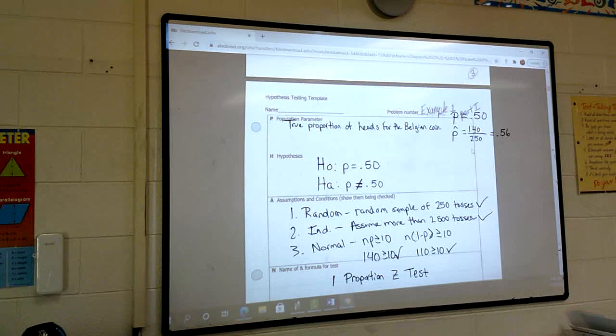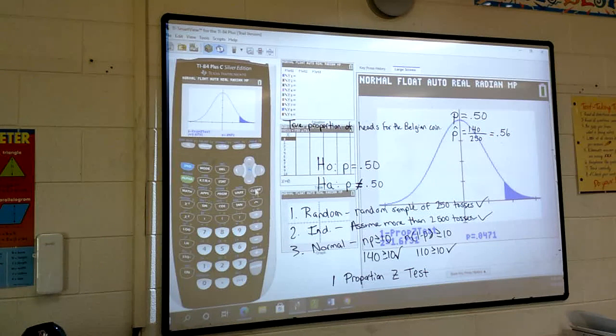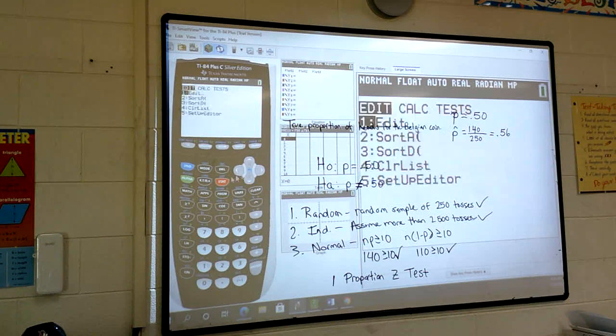So remember, what you're getting from the calculator right now is the test statistic, which is the z-score, and the p-value. So if you go to draw instead of calculate, you can actually get the test statistic and the p-value and the graph all at once. Okay? So let's go to our calculator, and we're going to go to stat. You're going to go over to test.